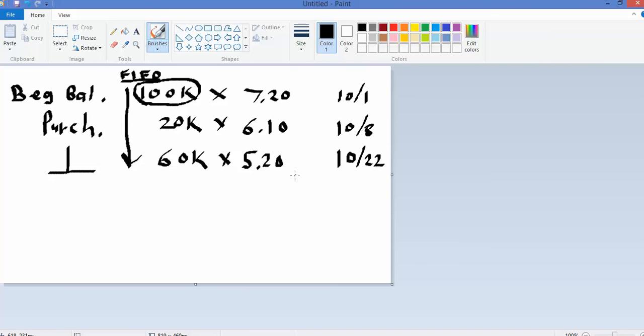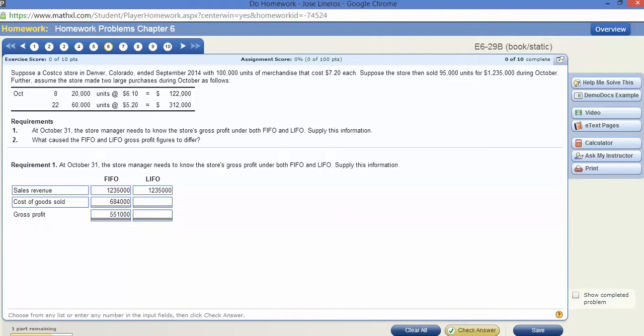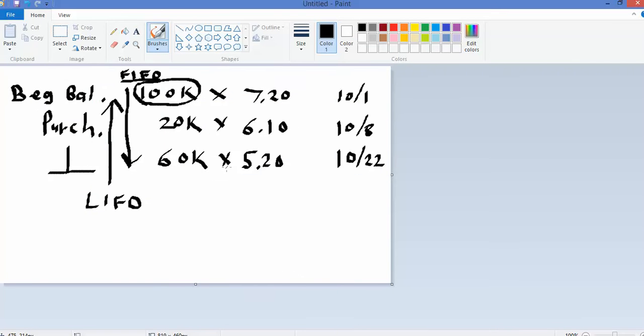That's FIFO. Now LIFO, let me see if I can put it here. It's very similar. LIFO works in this direction. Okay? LIFO works in this direction. Okay? So we sold 95,000, remember? We sold 95,000. So we're going to consume the newest layer first.